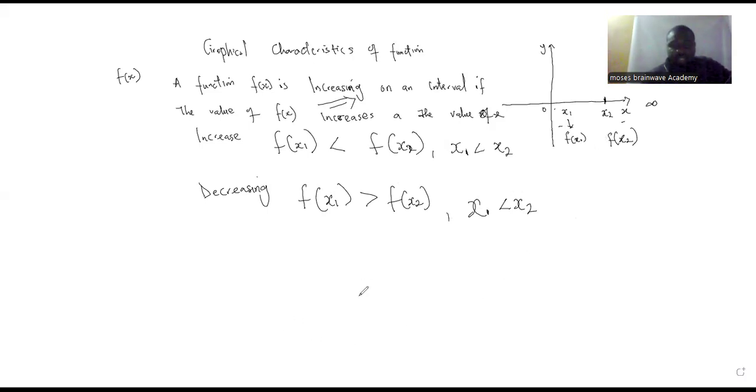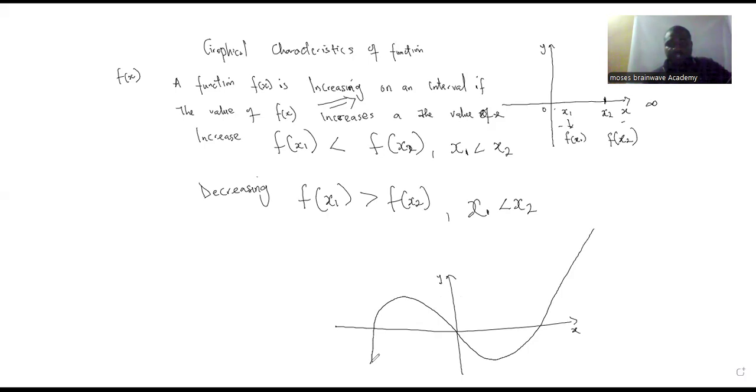So let's take, for instance, a function like this, right? I have y, I have my x over here, and this function is looking this way. Good. Now, if you look at this function, from this point over here to this point over here, you can notice that there is a decrease, right?